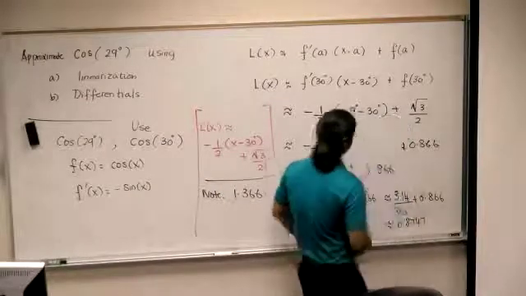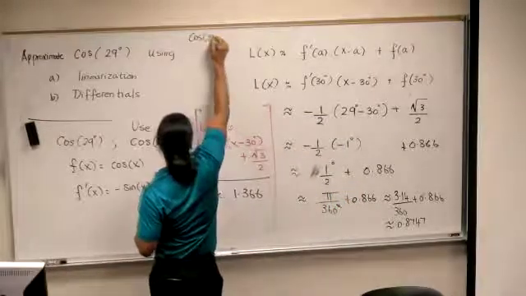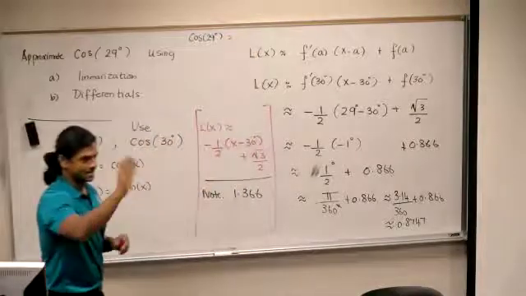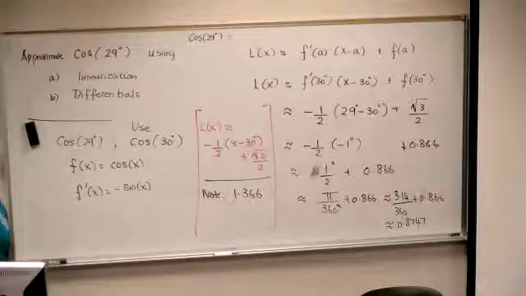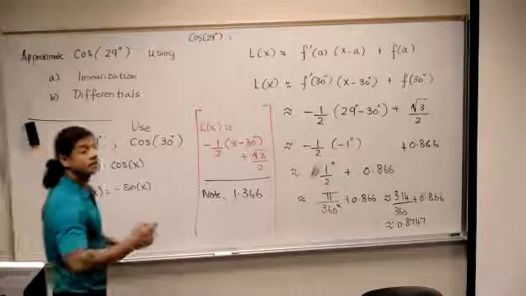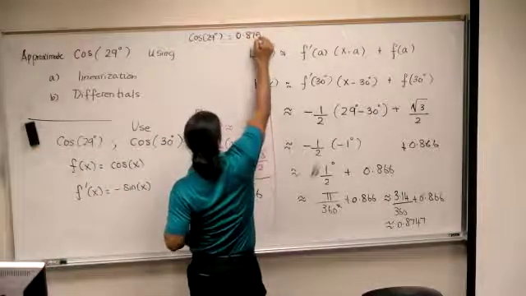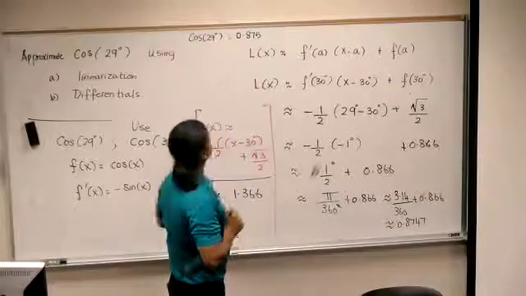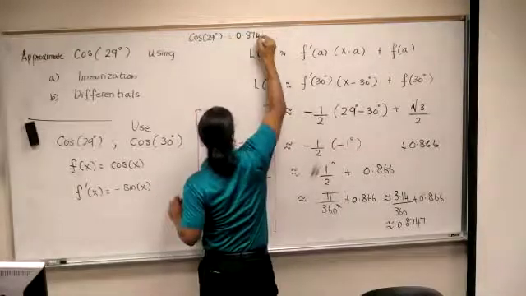What is the value of cosine 29 degrees if you put it directly in the calculator? 0.875, well, it's around 0.8746.